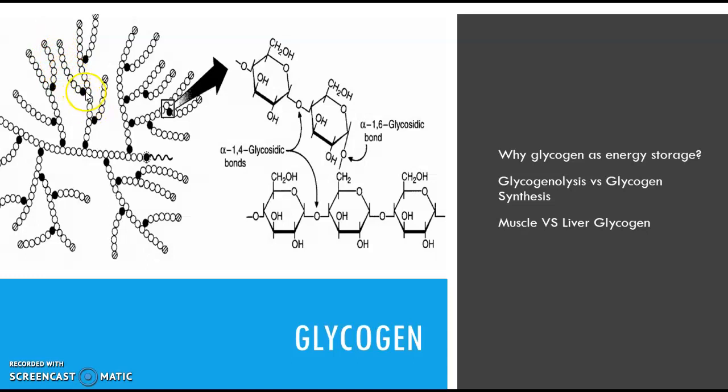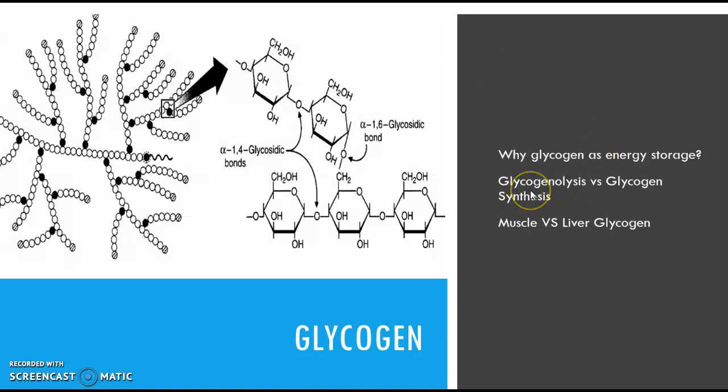This bond is the 1,6 glycosidic bond, while the glucose that is connected away from the branch is 1,4 glycosidic bond. As you can see from here, alpha 1,6 glycosidic bond at the branch and alpha 1,4 glycosidic bond at the non-branch location of the glucose. This will play a significant role in how the glucose can be broken down from glycogen to be changed into ATP later on.